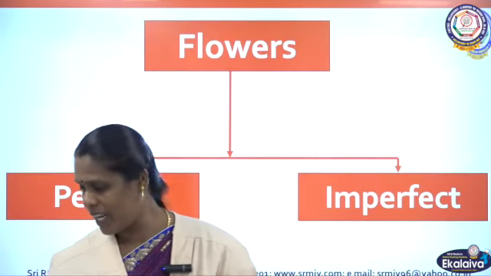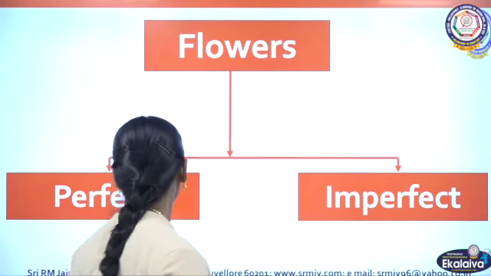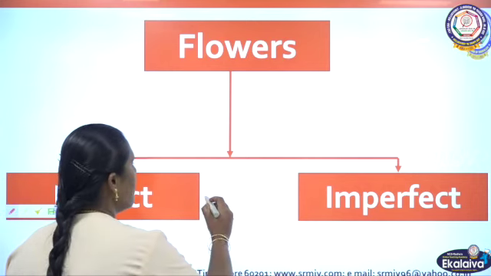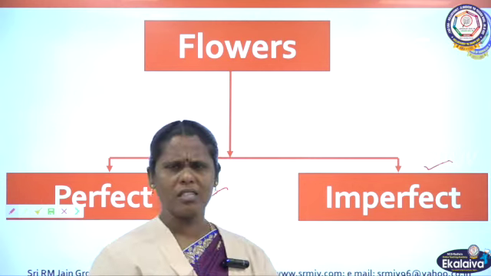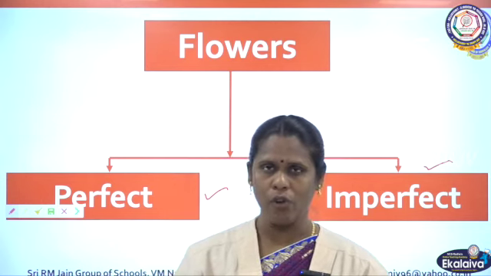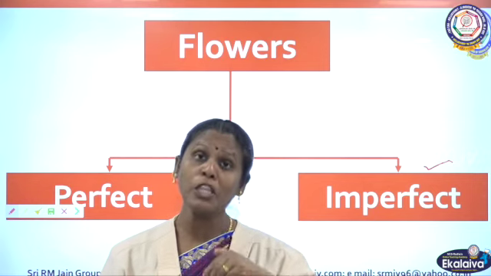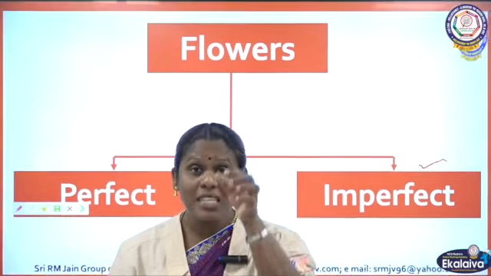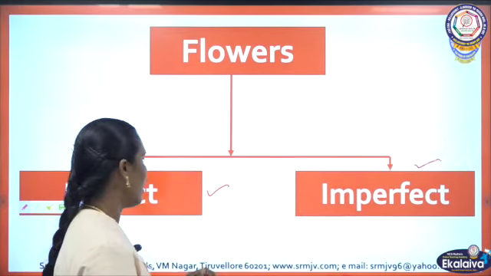The next one, flowers can be divided into 2 types. That is perfect flowers and imperfect flowers. What is perfect flowers? Some flowers have both male part and female part present in the same flower. That is called perfect flowers.